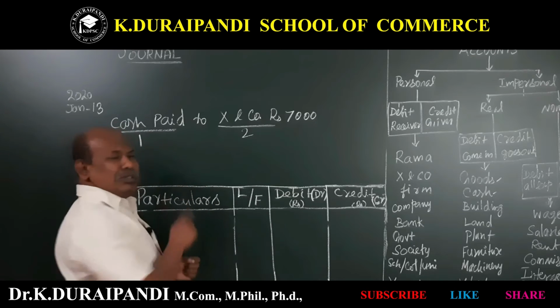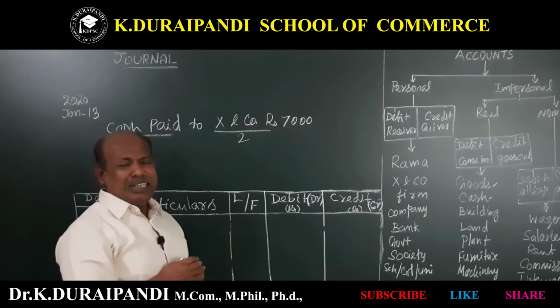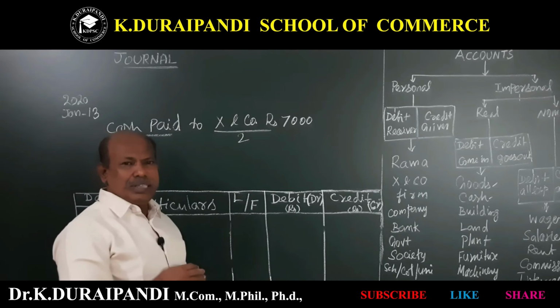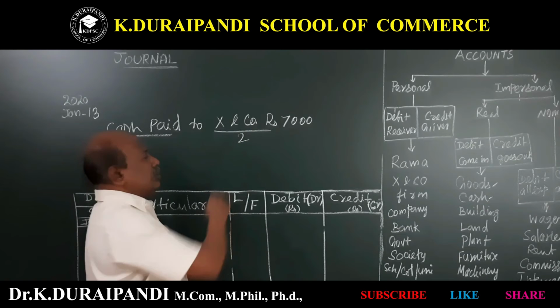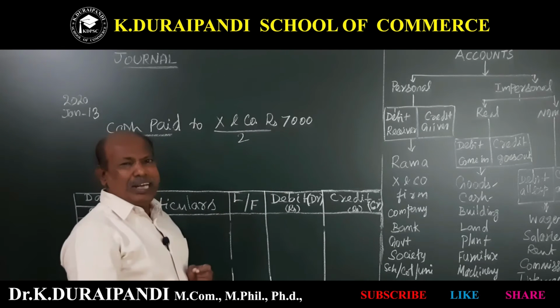Now we should know the meaning of the business transaction. Cash paid to X and Co. That is our business paying cash to X and Co. Cash is a real account.